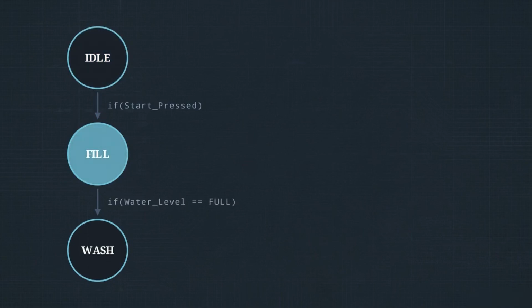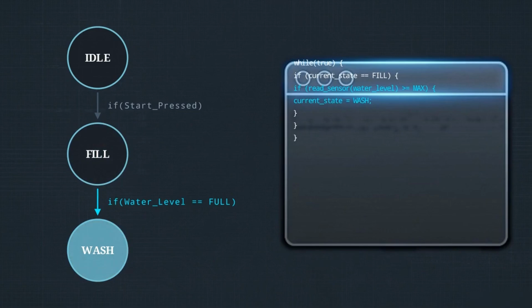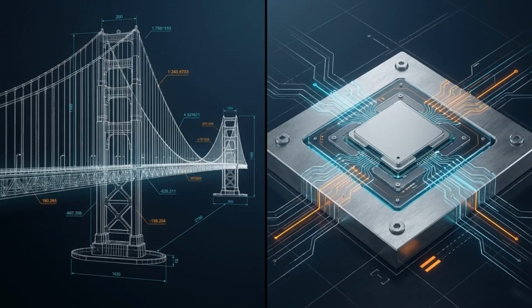In code, this translates to an infinite loop, running to maintain control over the hardware over long periods of time. The software constantly pulls physical inputs, like a sensor that reads the water level, and waits for the trigger to advance. While engineering algorithms maximize raw processing power, embedded algorithms maximize stability within hardware constraints.